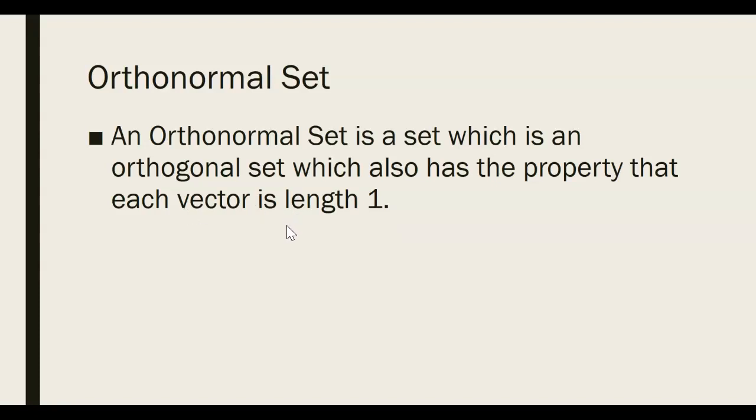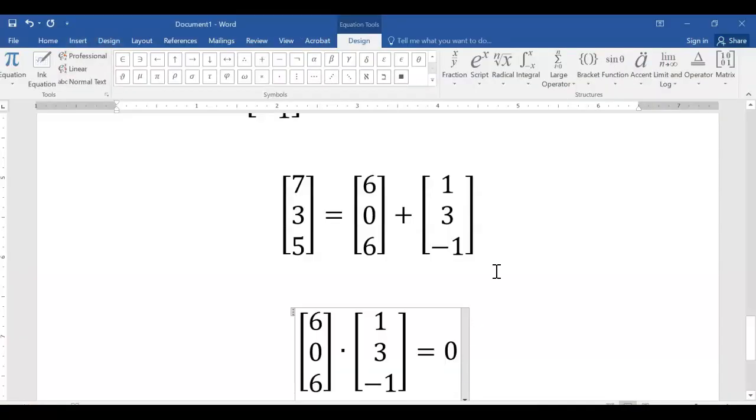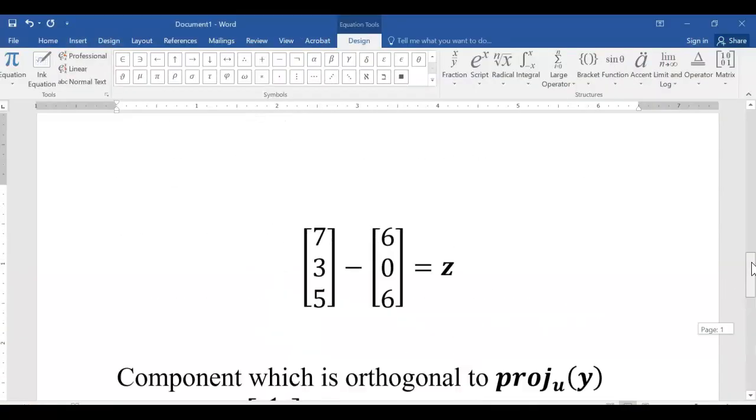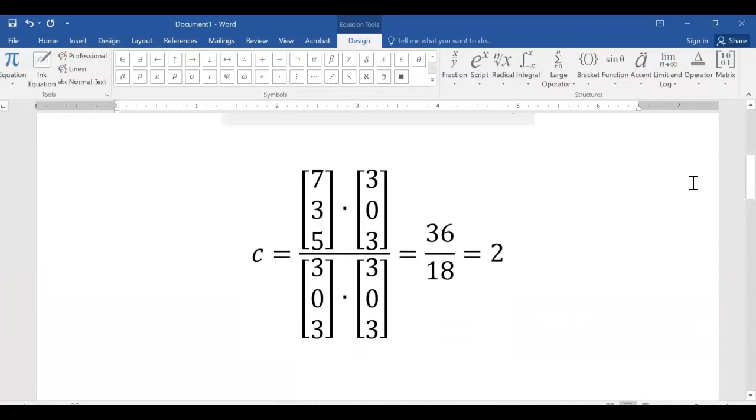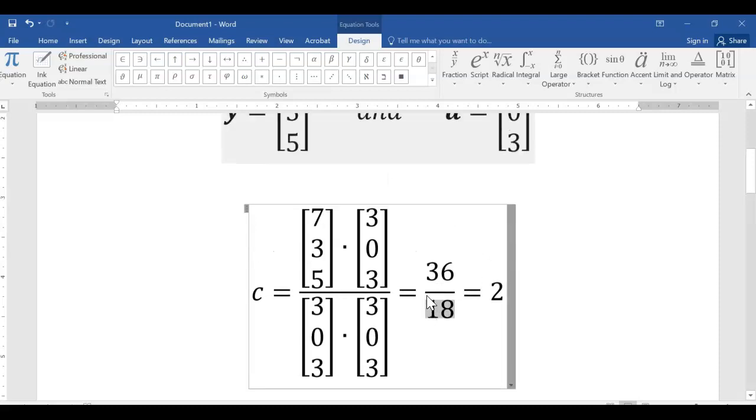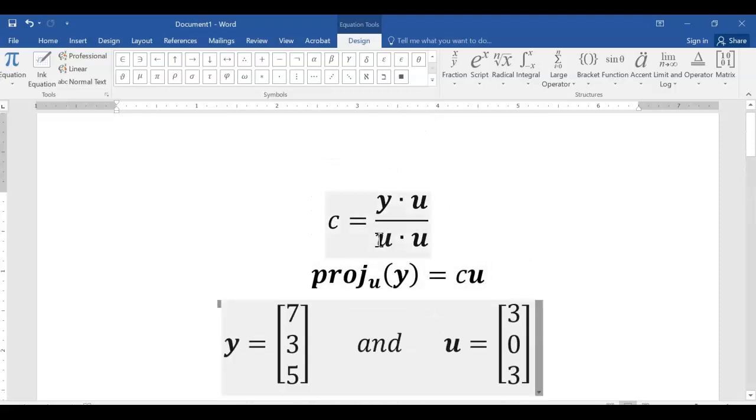Now, why that's nice is because when we're doing projections, notice that my u here was (3, 0, 3) in my last example. It had length square root of 18. If it had length 1, then we'd have been dividing by 1. In fact, if it has length 1, then this denominator just turns to a 1 every time.